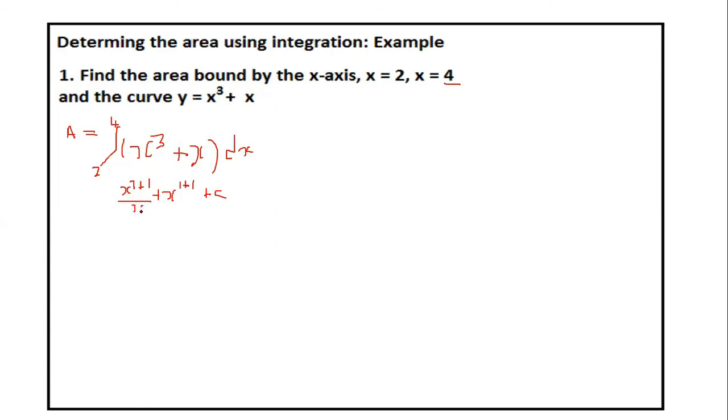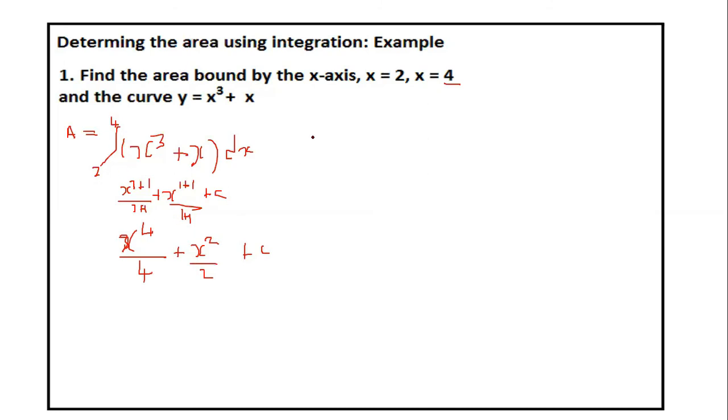So this one will be 3 plus 1, and this one will be over 1 plus 1. So this one will be x to the power 4 over 4, plus x squared over 2, plus C.